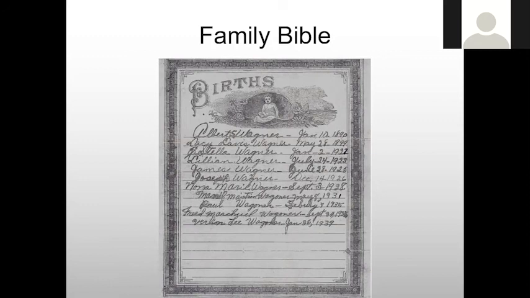The other thing we look at is the birth dates, and we see that Albert and Lacey are older, and we assume that the rest of these Wagners are their children. But that's an assumption. It could be cousins, nieces and nephews. Family Bibles usually record births for more than just the immediate family.